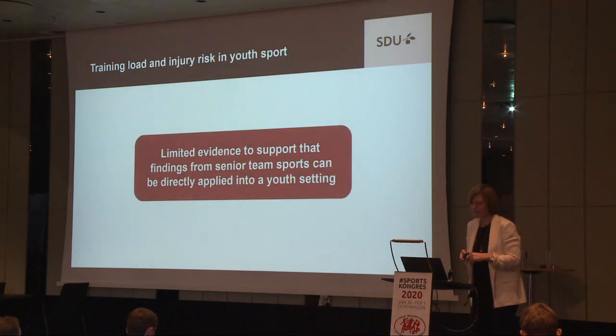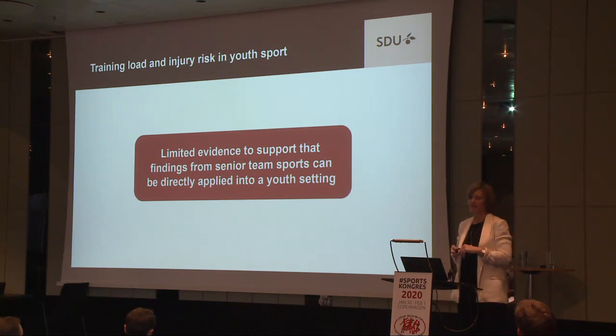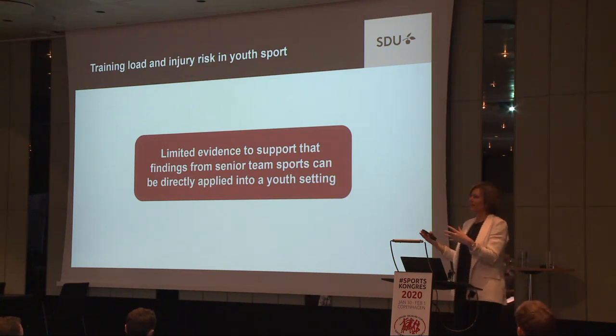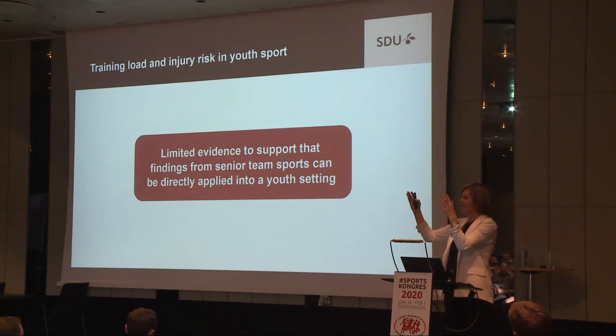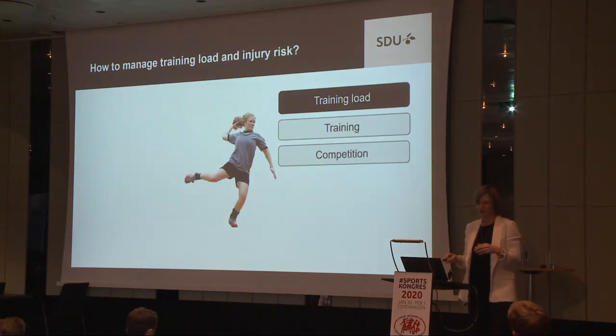So in short, again, there is very limited evidence to support the findings from senior team sports that they can be directly applied in a youth setting. And I think, unfortunately, practice today is that they are applying what they found in senior male sports into a youth setting. So that's what we know about training load and competition.